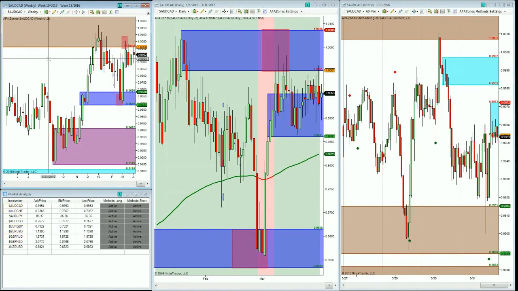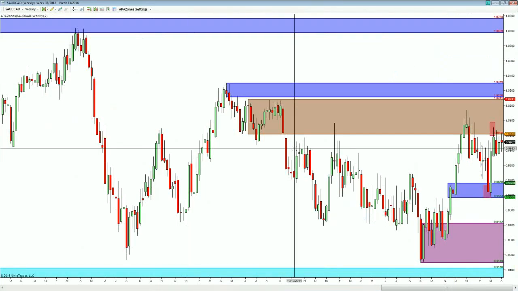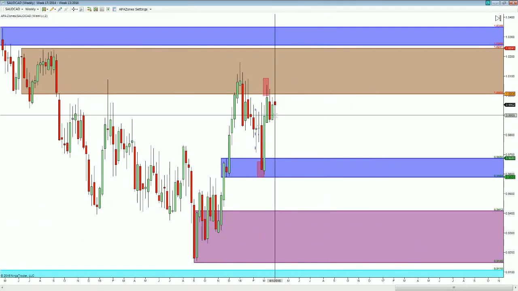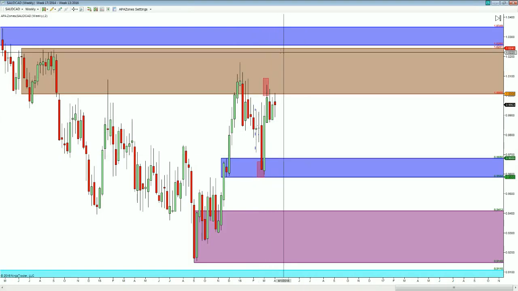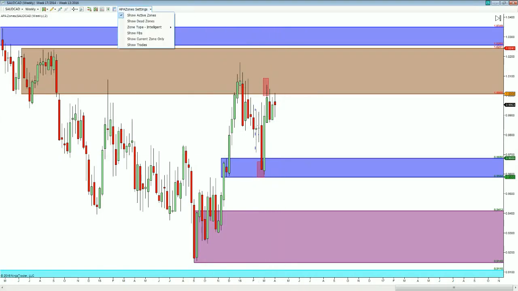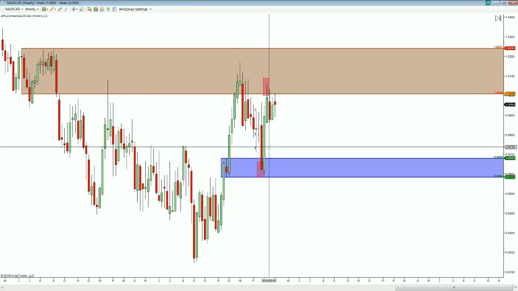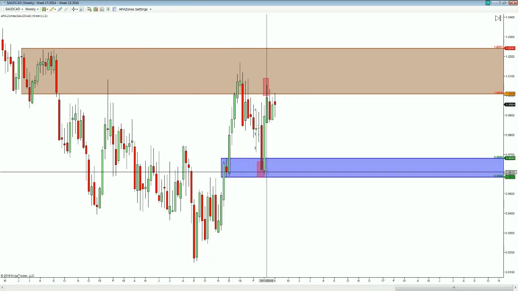I'm going to start out on the AC market here and look at the weekly perspective. On the weekly perspective, it looks like we've been in a small range, if you will. We see the big chocolate level up there, and we see where prices bounced down here on this nice little blue zone.